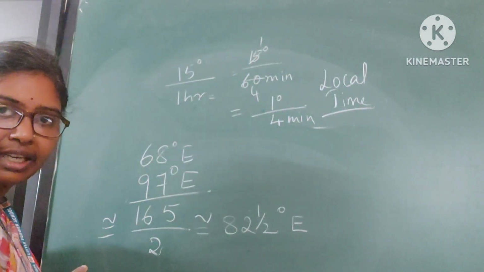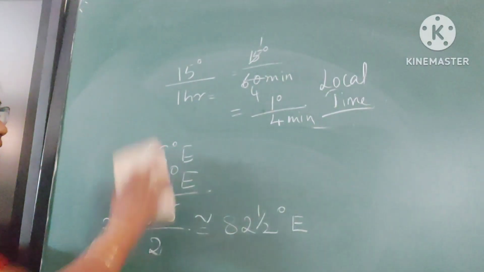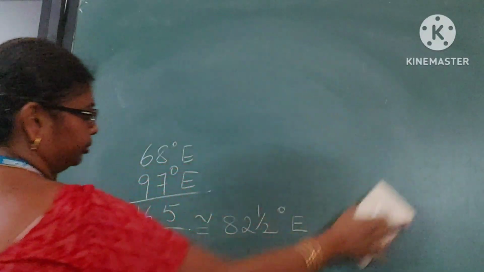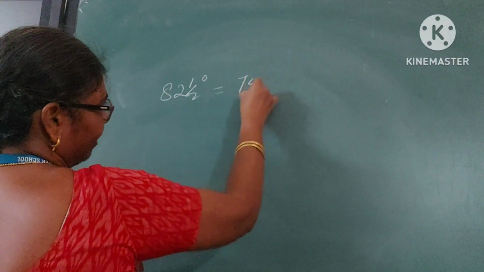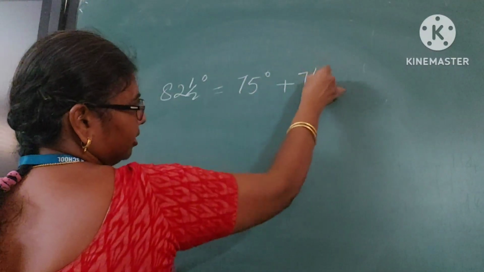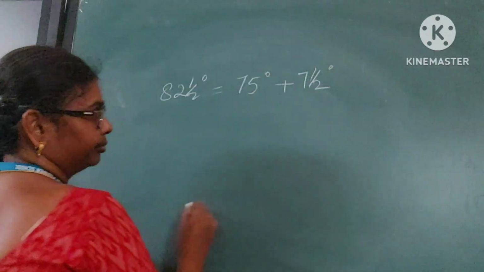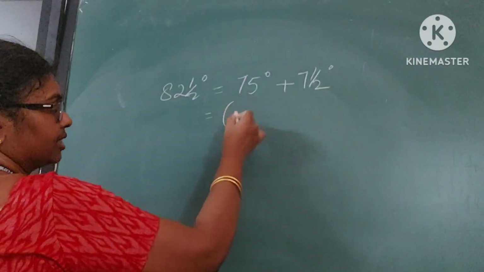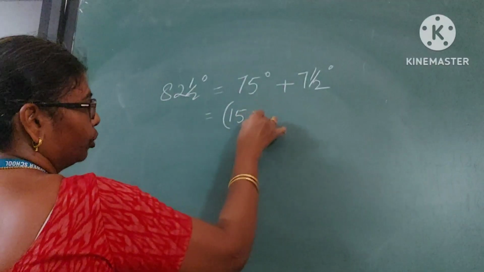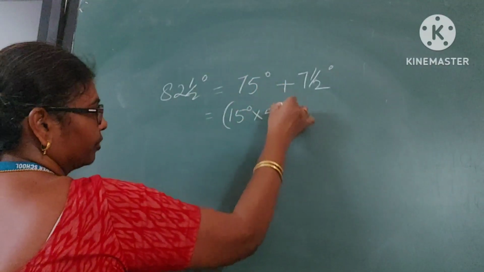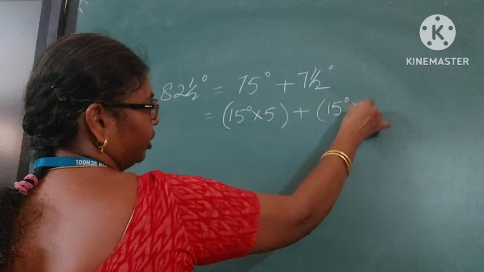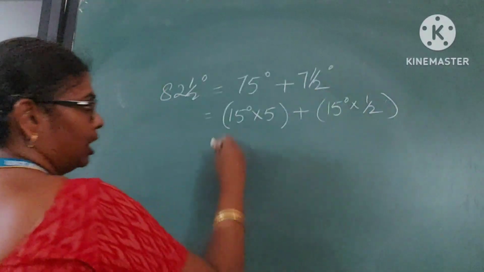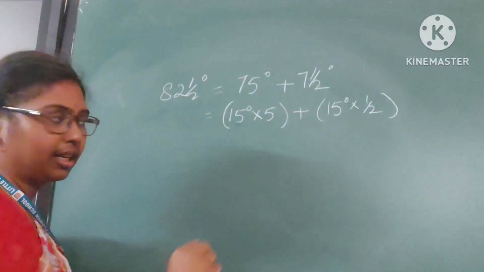So I am writing 82.5 as 75 degrees plus 7.5. 75 is 15 into 5, that is 15 degrees into 5, plus 15 degrees into half. 15 degrees is nothing but 1 hour, right?